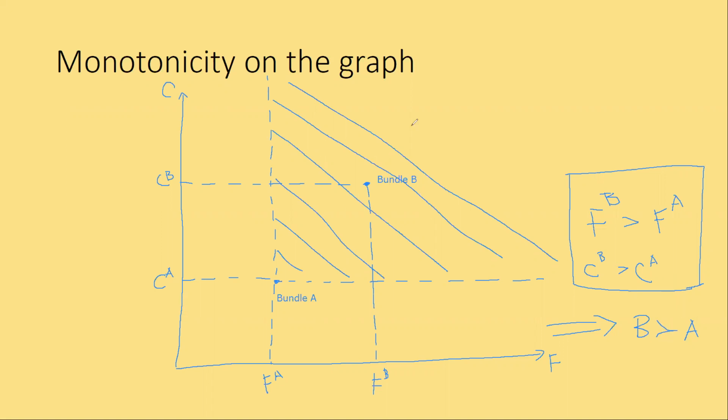So for any point in this shaded area, these two inequalities hold, and by monotonicity, it will imply that the bundle B has to be preferred over bundle A. All right, let me clear the drawing here.